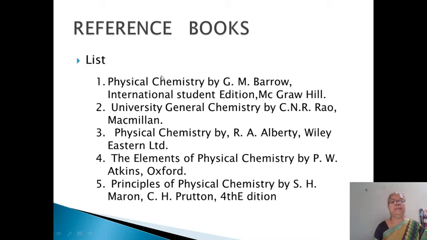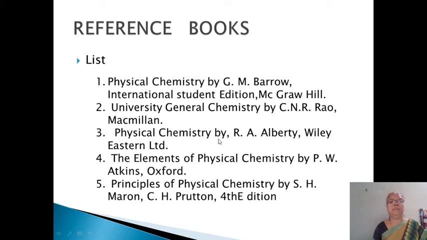And these are some reference books that you have to follow for the study of physical chemistry. Here I am using the book Physical Chemistry by G.M. Barrow, published by McGraw-Hill. Then the second book is University General Chemistry by C.N.R. Rao, a Macmillan Publications book.